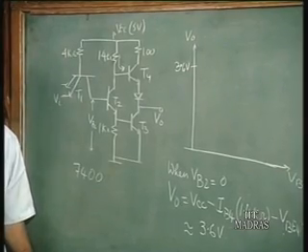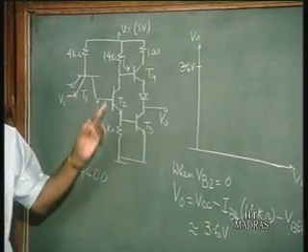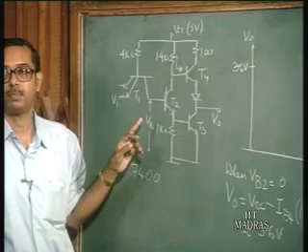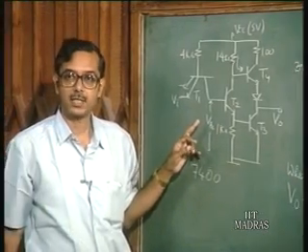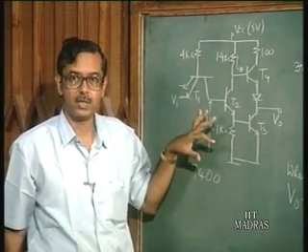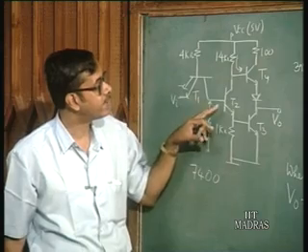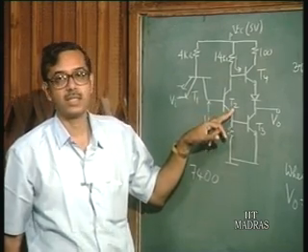Now, how long does this output voltage remain at 3.6 volts? As long as this situation prevails. We can say that this situation is going to prevail as long as T2 is cut off.